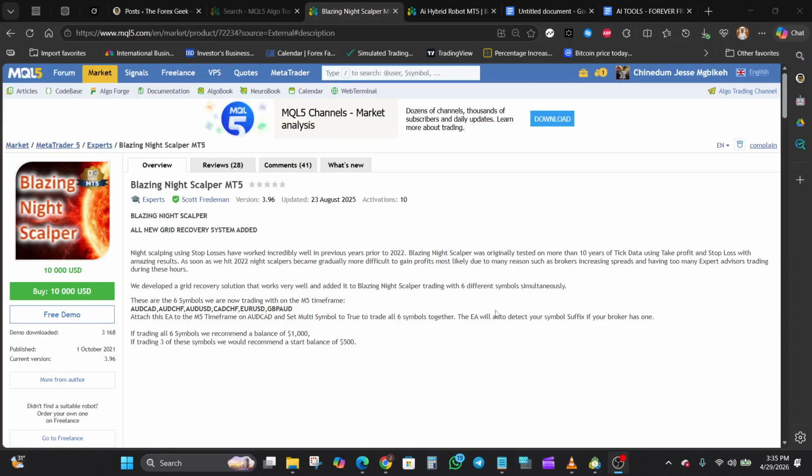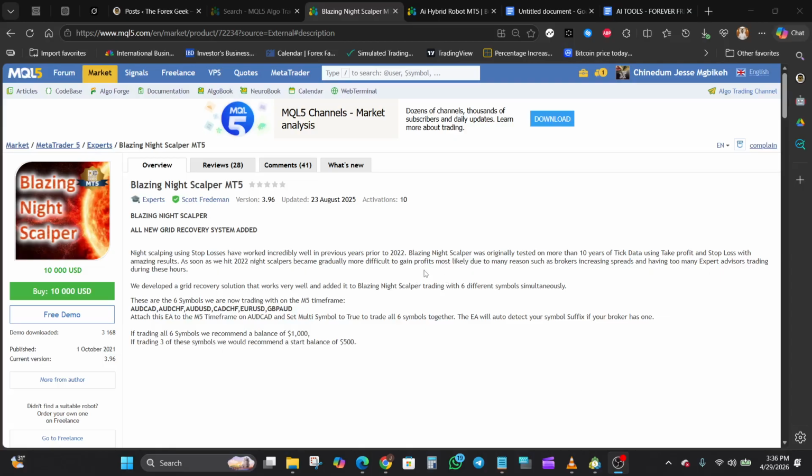So now from the description, the EA is built around night scalping, but with a twist, right? Traditionally, night scalpers relied on tight spreads and low volatility during off-market hours, but the developer mentions that after 2022, conditions changed, right? Spreads widened, competition increased, and performance dropped.